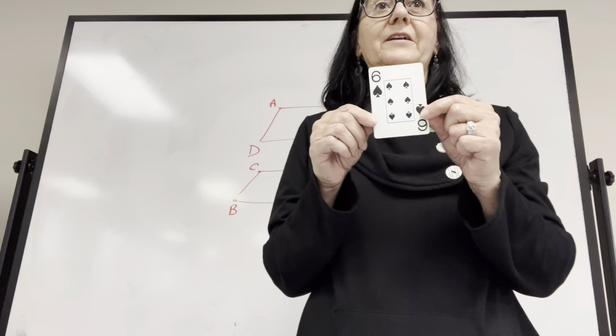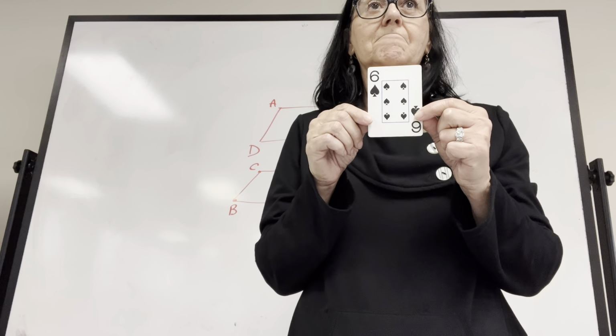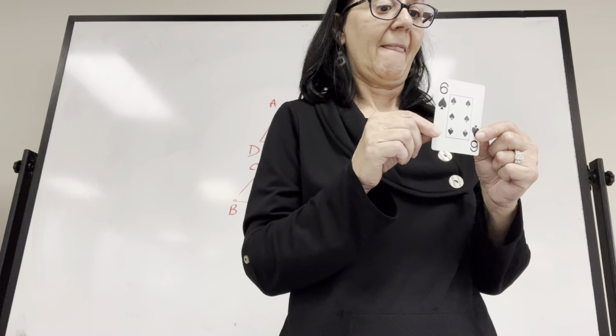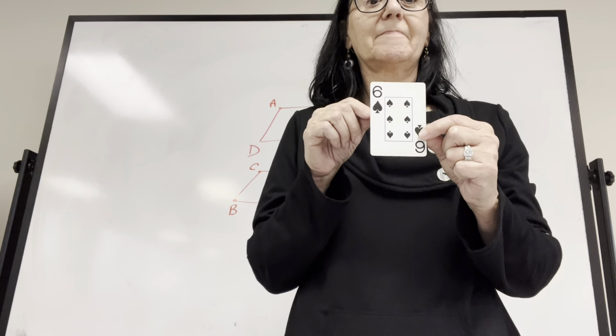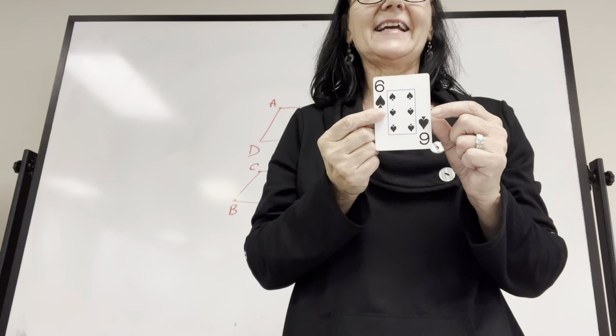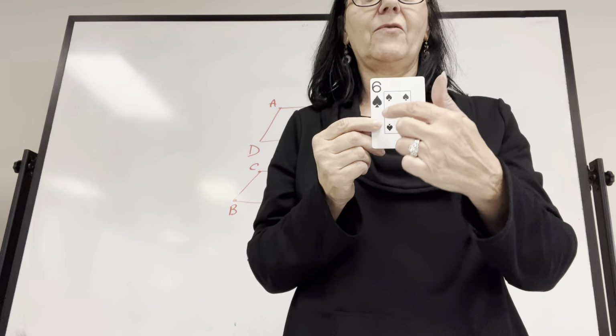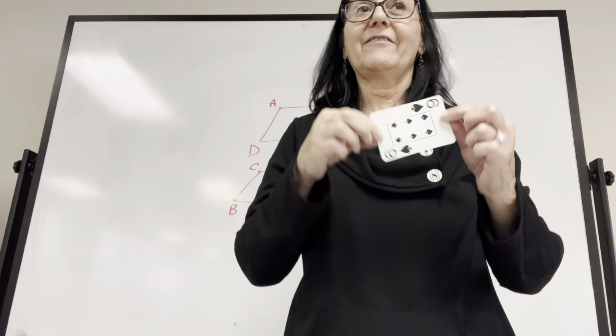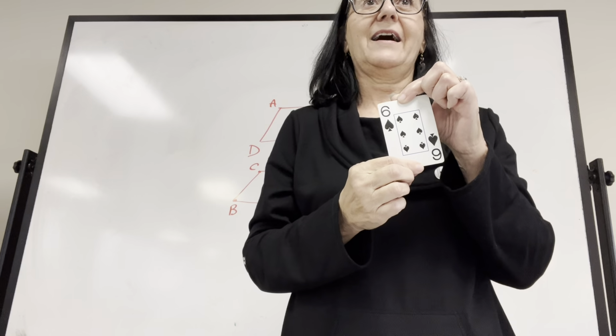This card does not have rotation symmetry. Why? Because of the spades, not because of the 6. What happens to the spades in the middle? They point down. They're upside down now. When I go this way, they're right side up.